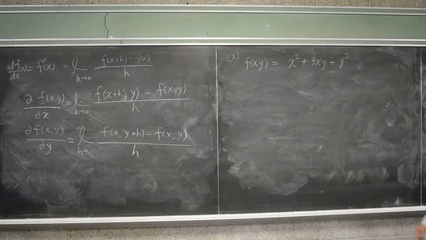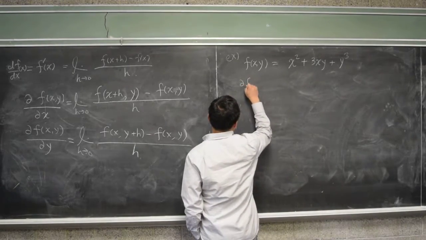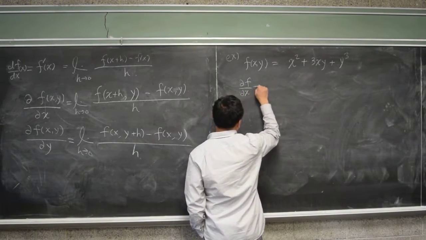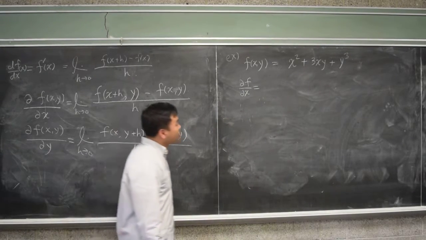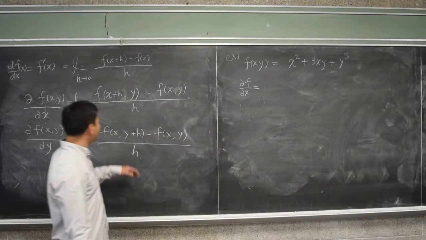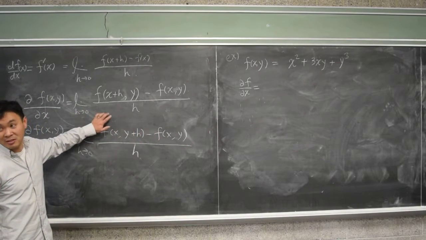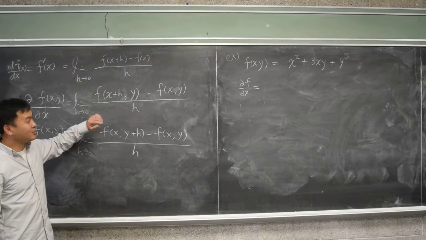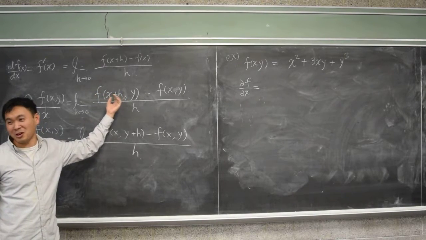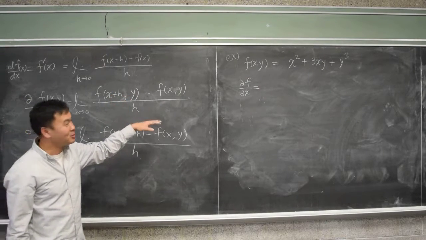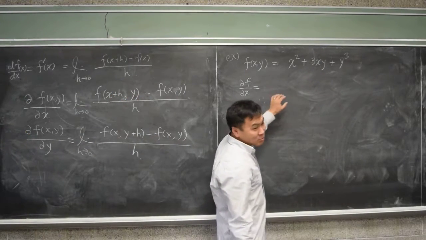In this case, if I do partial of f with respect to partial of x, round f over round x, then it means, first, a priori, it means calculating this limit. And I don't want to go through all the calculation. It's just going to be horrible. You know how these things could be horrible, right? But if you did it, it will amount to the following thing.